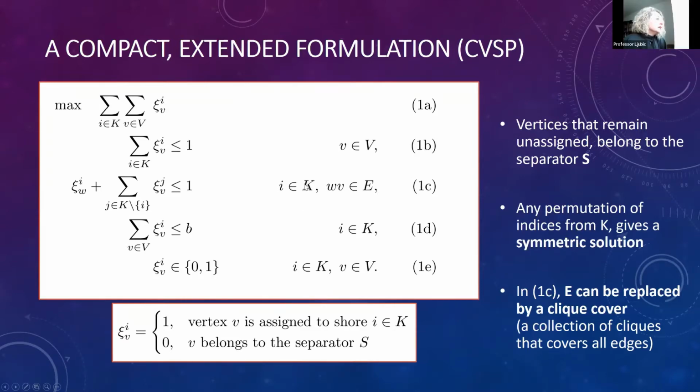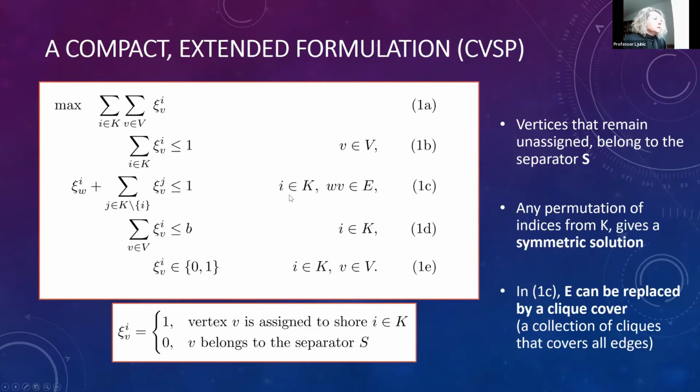There is no distinction between different bins. This means that the same solution can be obtained just by looking at a different permutation of the indices of the bins, which is a real nightmare for branch and bound based approaches, because then we cannot move up the bounds, the dual bounds.